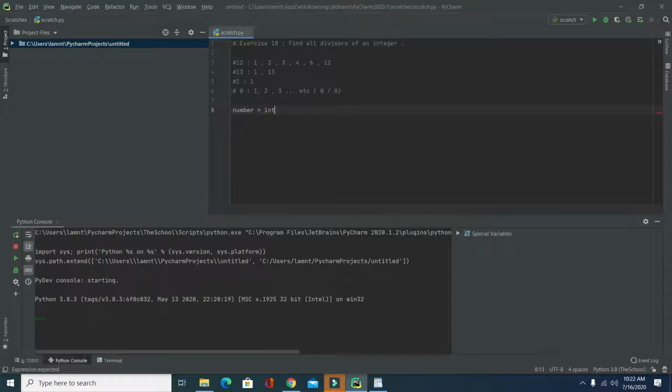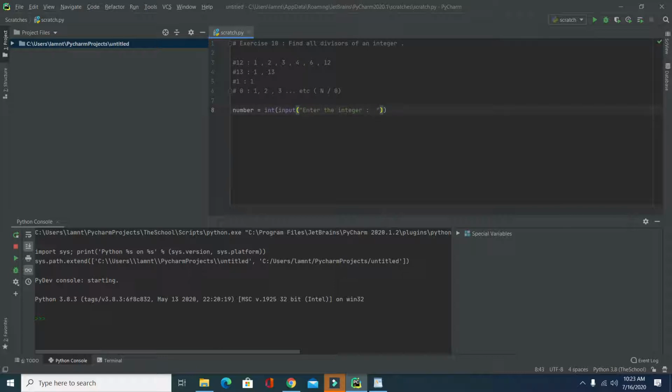It's going to be integer type data, so int, and now we want to input, so input, and now we want to have a prompt to ask the user to enter the integer. Okay. So now we have the integer.